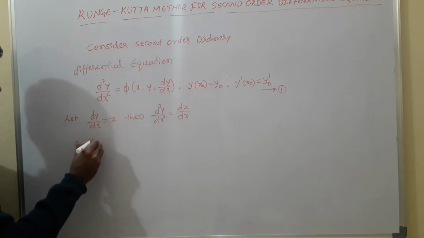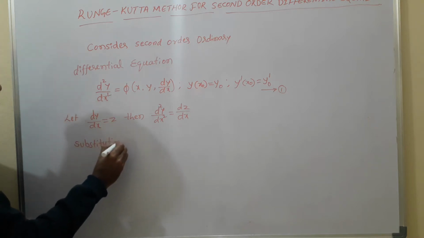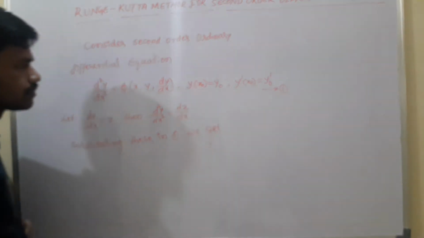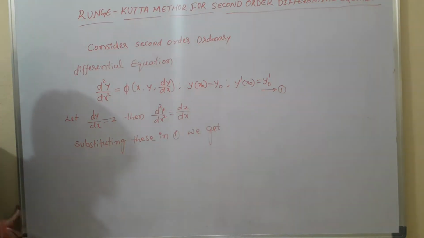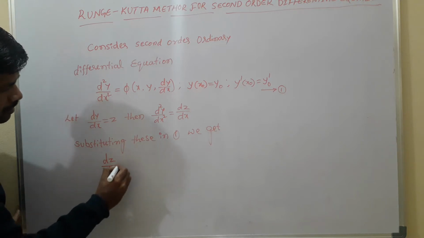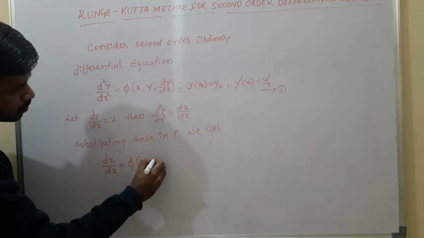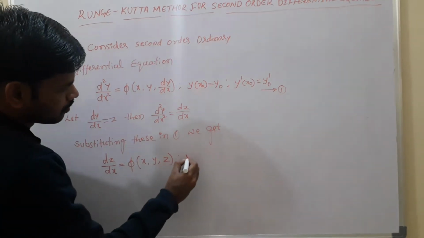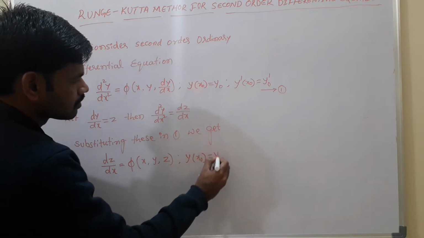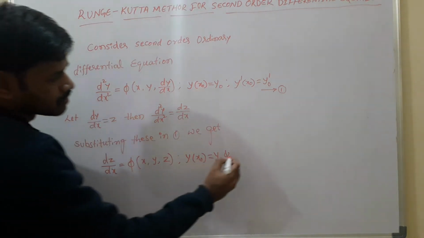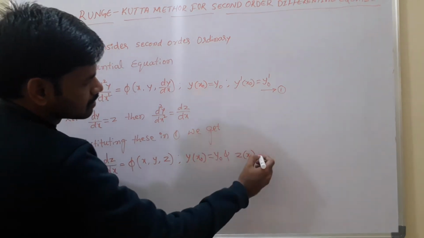Substituting these in equation number 1, we get d2y by dx square, that is dz by dx equal to phi of x comma y comma dy by dx equal to z, with y of x naught equal to y naught, and dy by dx means z of x naught equal to y naught dash, that is z naught.